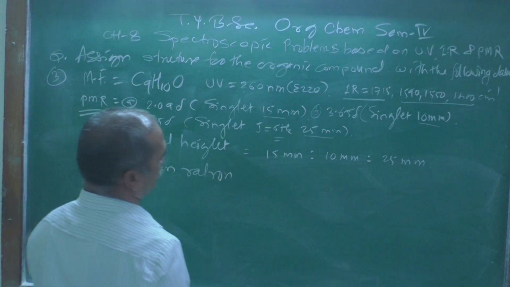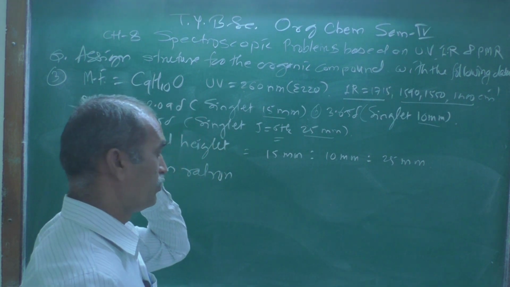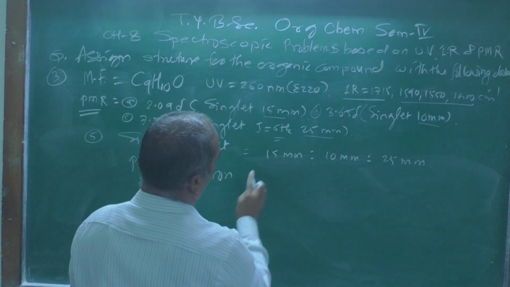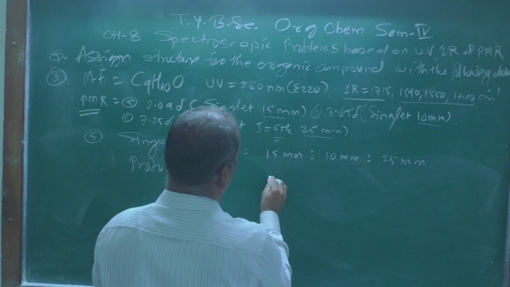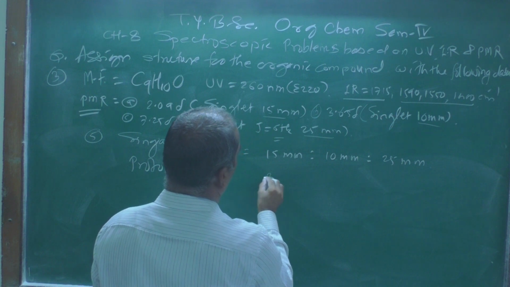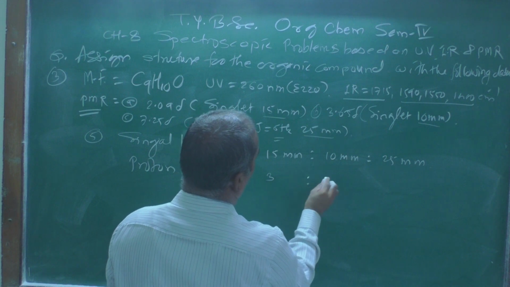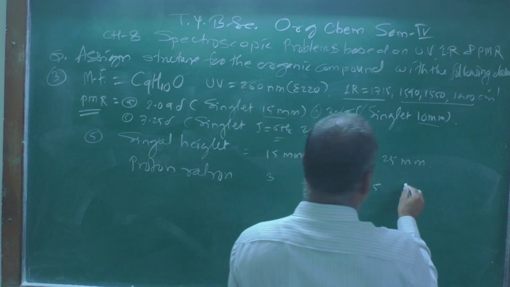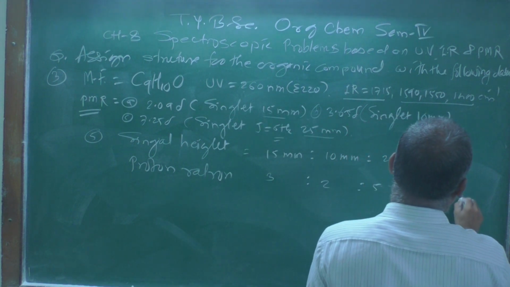You divide this figure by a suitable factor, 5, so it comes to around 3 is to 2 is to 5, so a total of 10 protons.